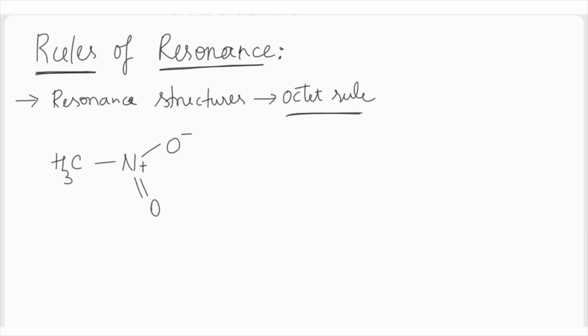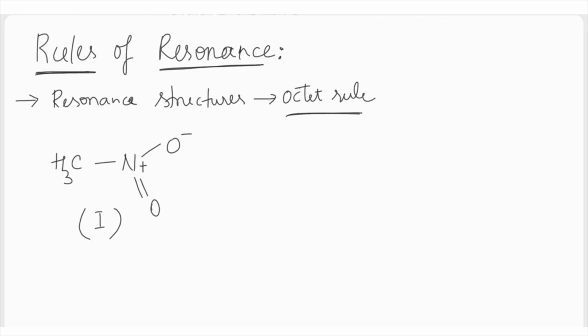Overall this molecule is neutral because the plus and minus charges are equal and cancel each other. Now this is the first form of Lewis structure. We need to see if this molecule is stable and follows the octet rule or not.